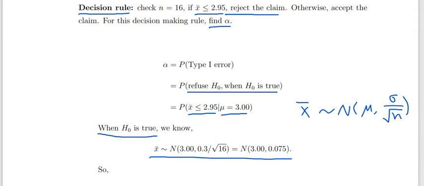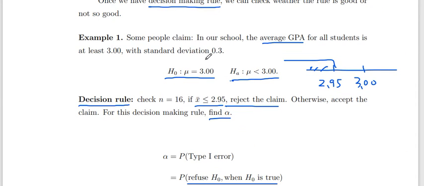So what is sigma? It says sigma equal 0.3. They claim the mean is at least this, with standard deviation 0.3. So 0.3 is sigma, the population's standard deviation.